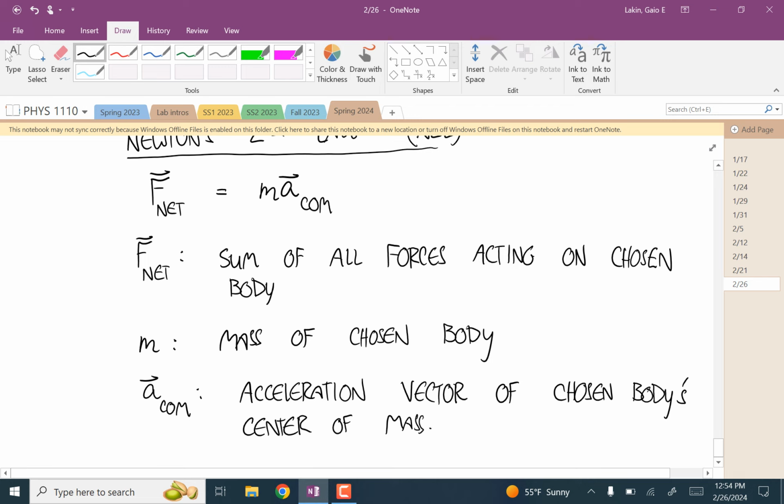Well, as long as we're dealing with particles, we're just assuming the object only exists at a single point, and that point is its center of mass. So I'm going to start leaving the center of mass off of this, but it's good to remember that that's what we're talking about.